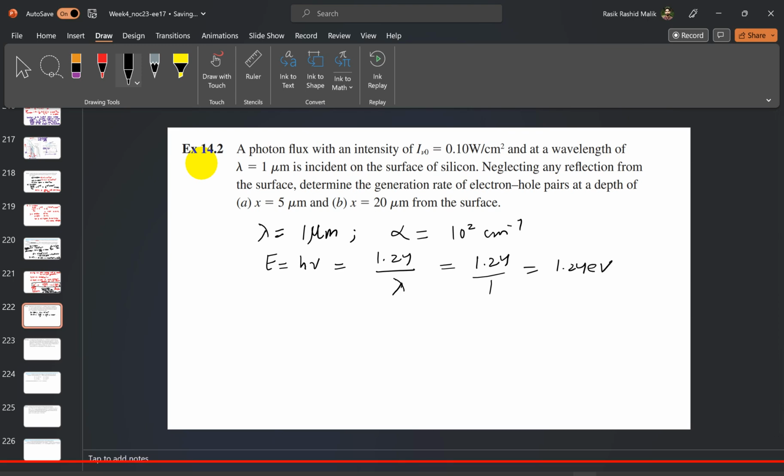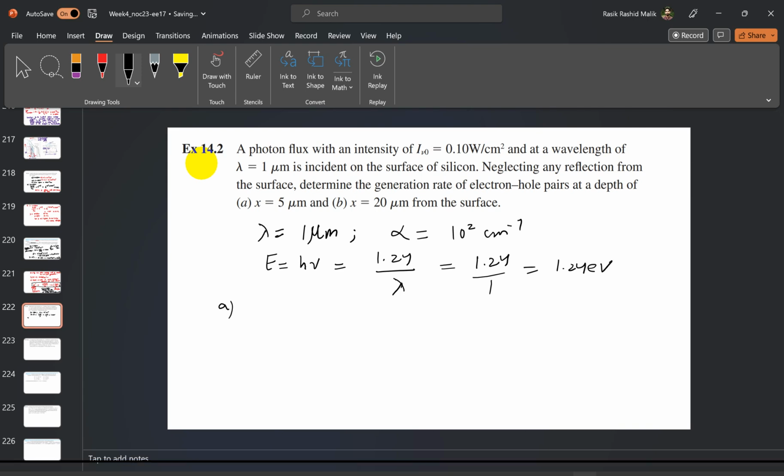Okay, now coming to the first part of the question, where we have to calculate the generation rate at x equal to 5 micrometer. The generation rate is alpha times IV at x, divided by h nu.